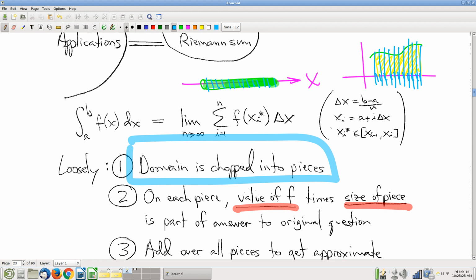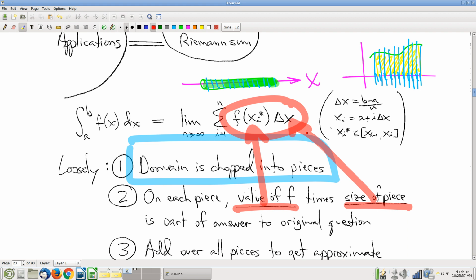Nevertheless, in all these cases, anytime you're using a Riemann sum, whatever the application is, on each piece that you've chopped up, there's some function that you're multiplying by size. Which you can see right here: the value of the function times the size of the piece, right there in front.